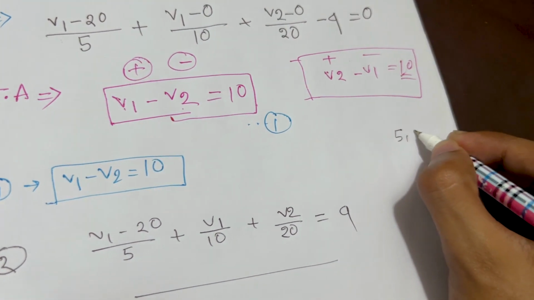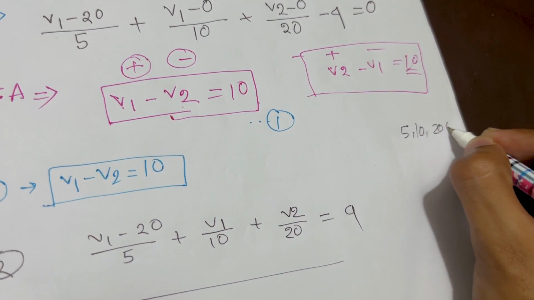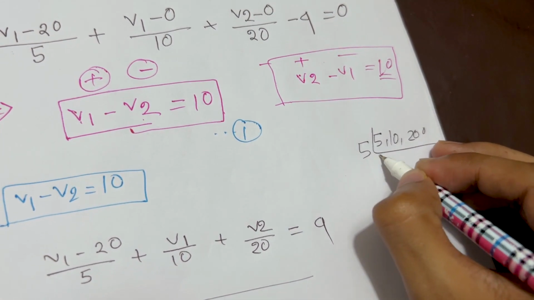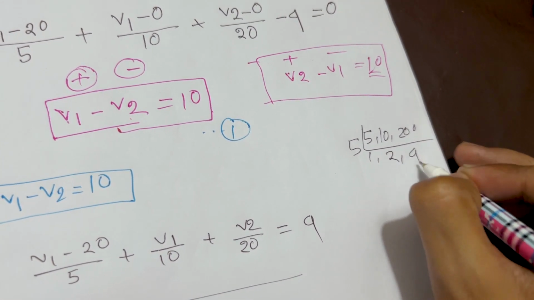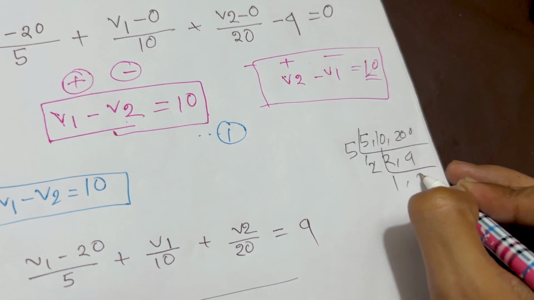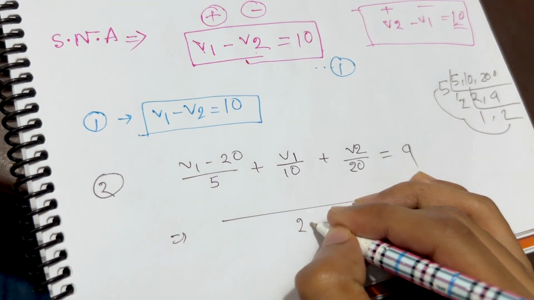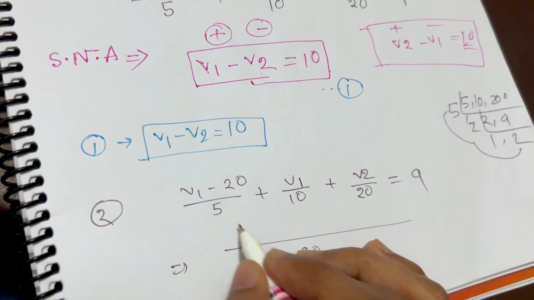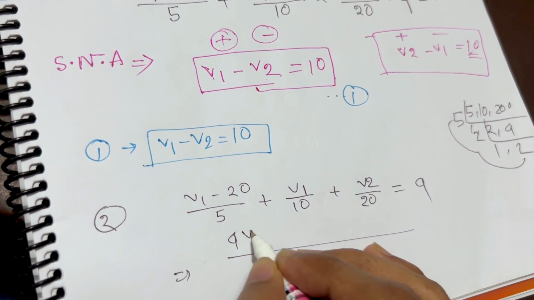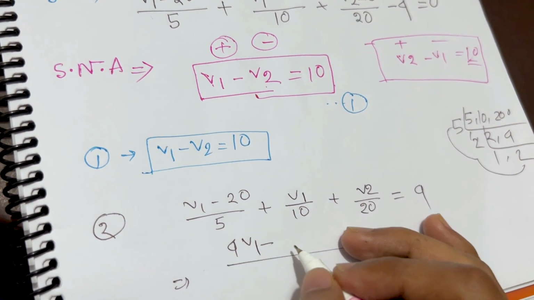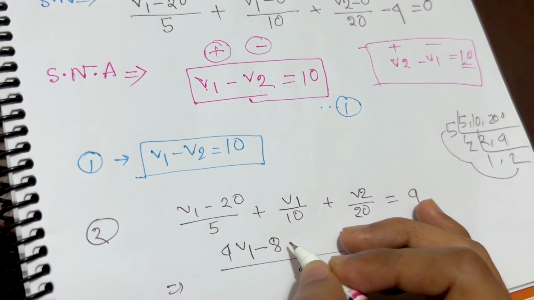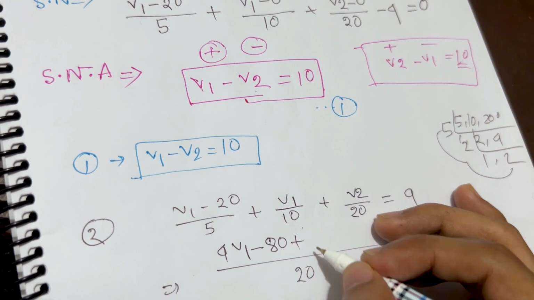If we just work with it, for 5, 10 and 20 we find the LCM: dividing by 2 and 2 gives 2, 1 and 2, so the total is 20. The LCM is 20. So 4 times V1 minus 4 times 20, which is 80, plus 2 times V1 plus V2 equals 4 times 20.